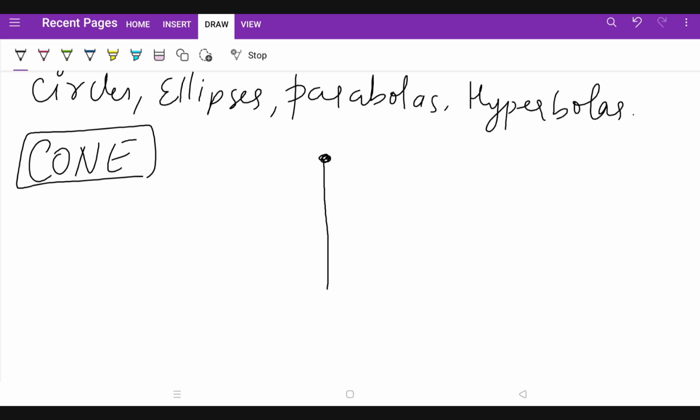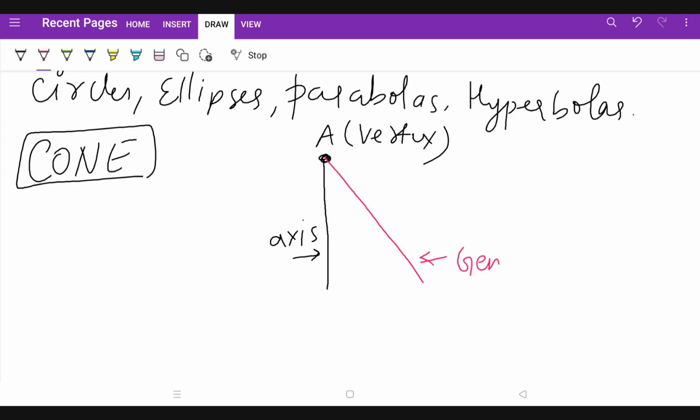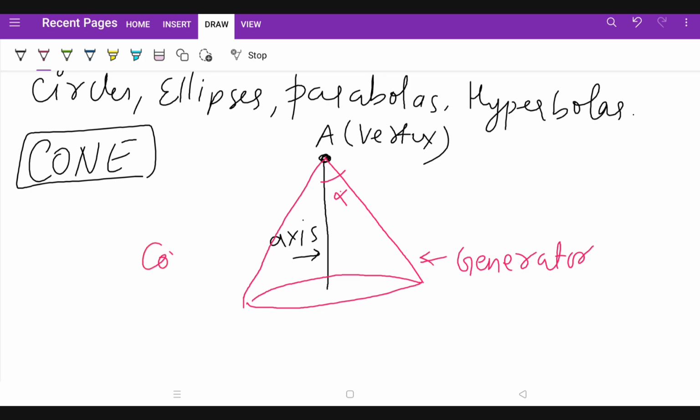This is the point we call the vertex, this is the axis, and this is the generator, making a fixed angle, say alpha. When this straight line rotates around this axis, it develops a shape that is called a cone. Okay, vertex, axis and generator are the important parts.